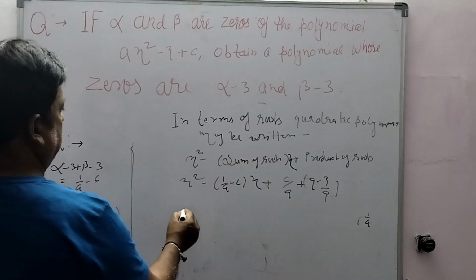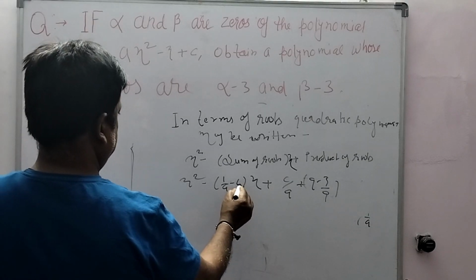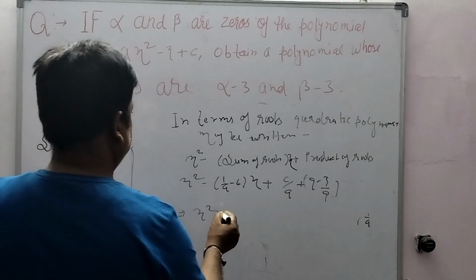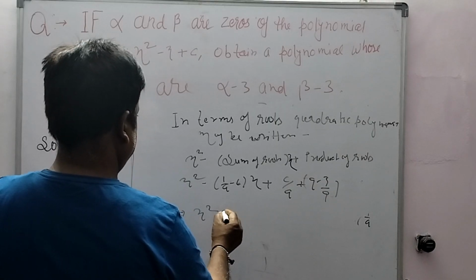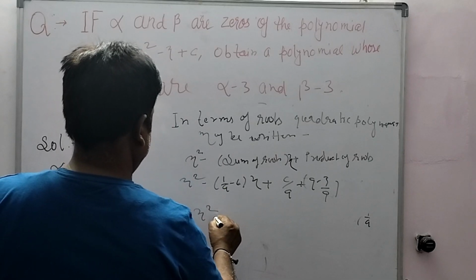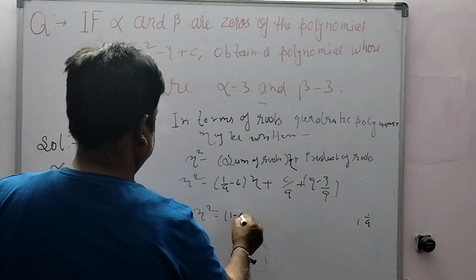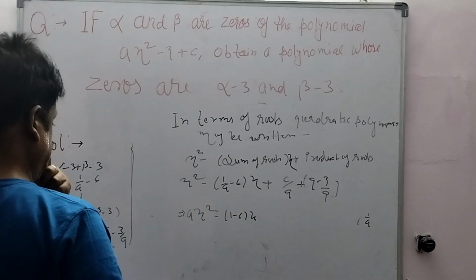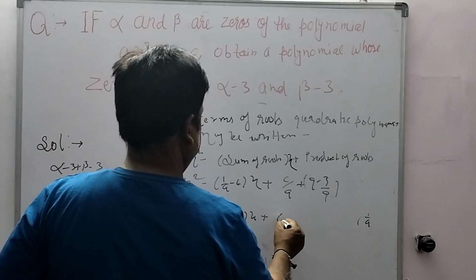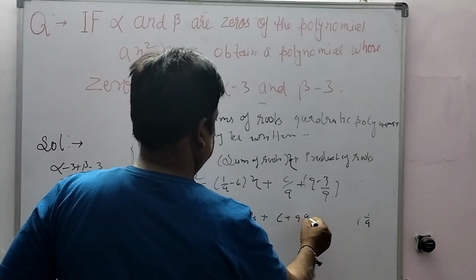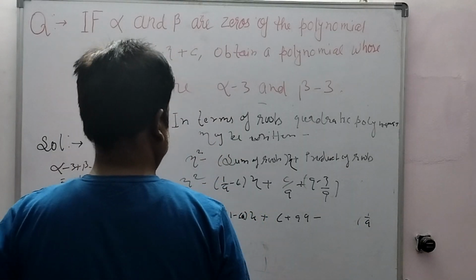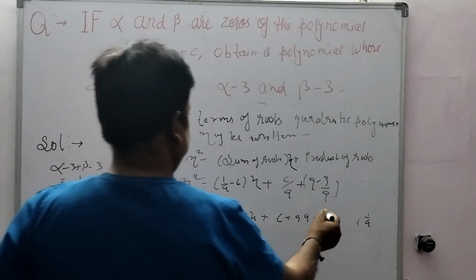We can simplify more: ax square minus 1 minus 6a x plus c plus 9a minus 3 by a.